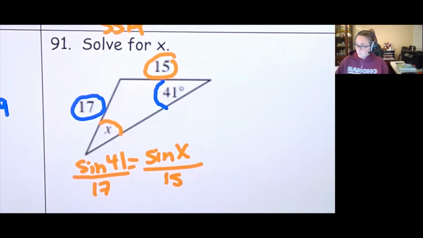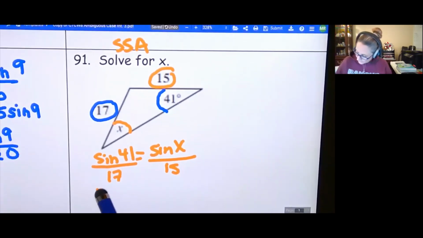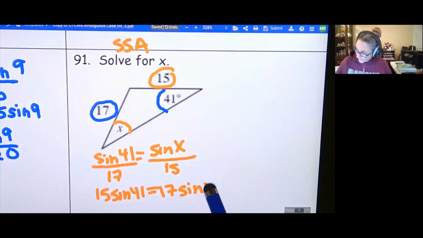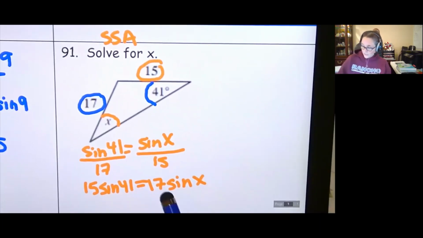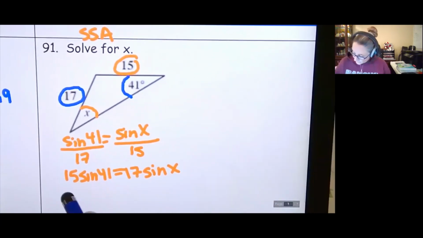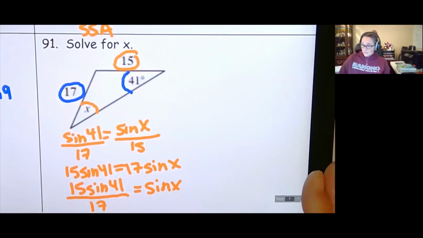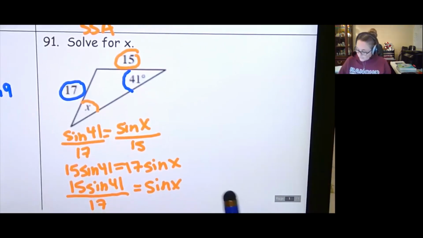And I'm going to cross multiply and solve. When I do, I get 15 sine 41 is equal to 17 sine x. I'm going to divide both sides by 17. And so I get 15 sine 41 over 17 equals sine x. And if I want x, which is an angle, I'm going to do sine inverse.